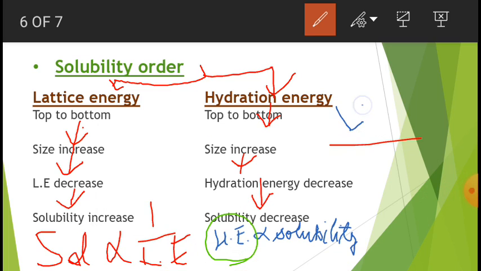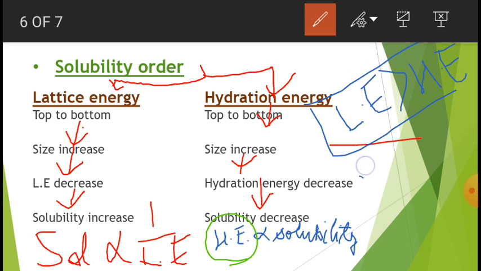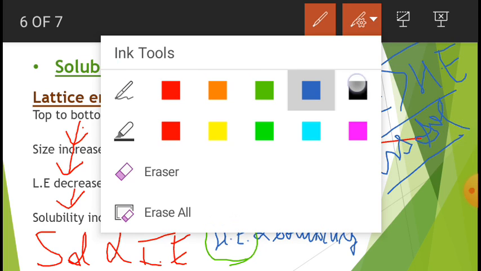Now, if lattice energy is greater than hydration energy, then we can say that compound is less soluble, right? If lattice energy is greater than hydration energy, then solubility will be less.